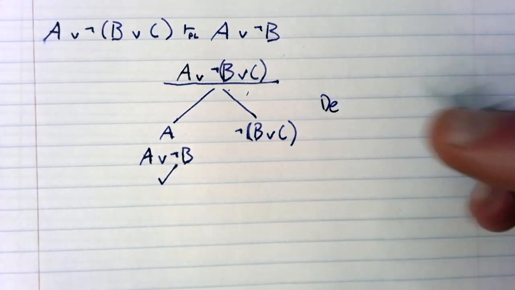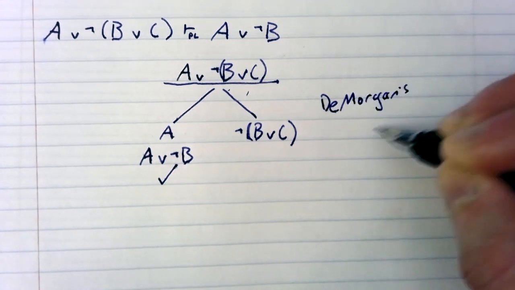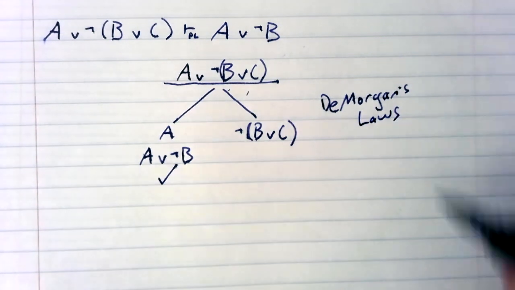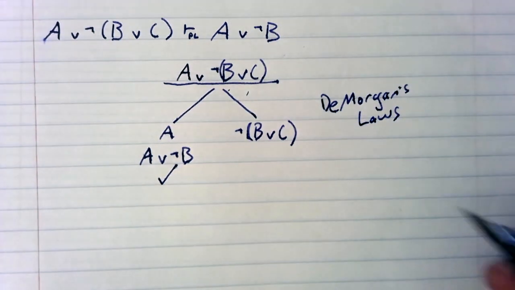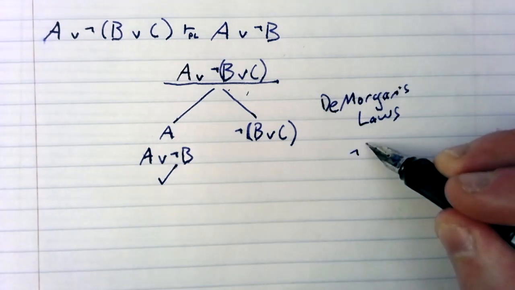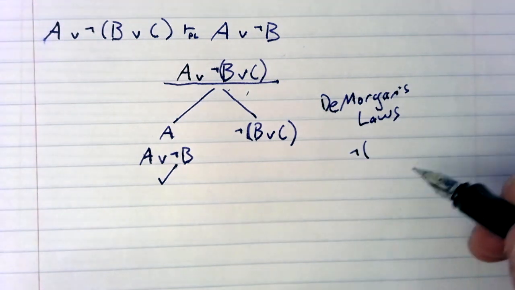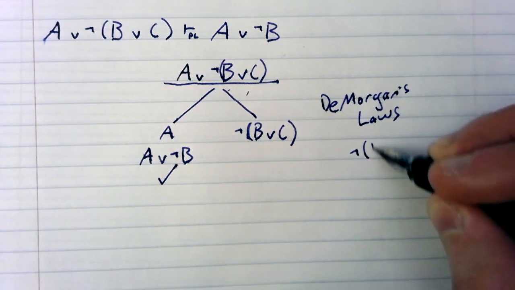If you've taken any formal logic 1, you know about De Morgan's laws. Here are De Morgan's laws. It is not the case that, in this case, I'll do it with the B's and the C's to maintain parallelism here.